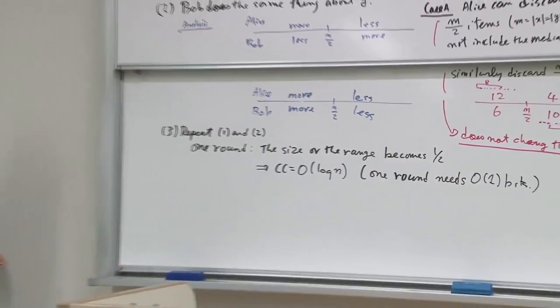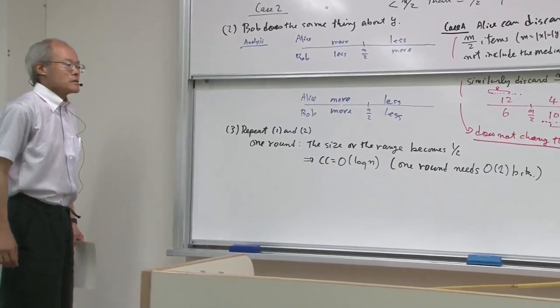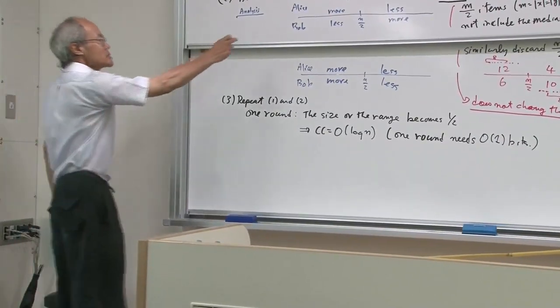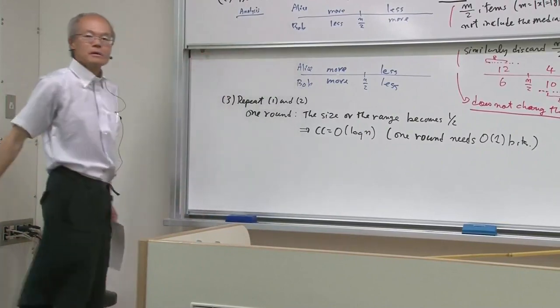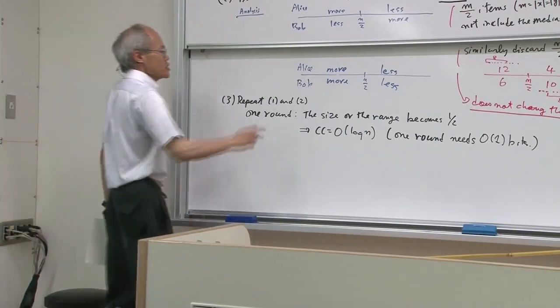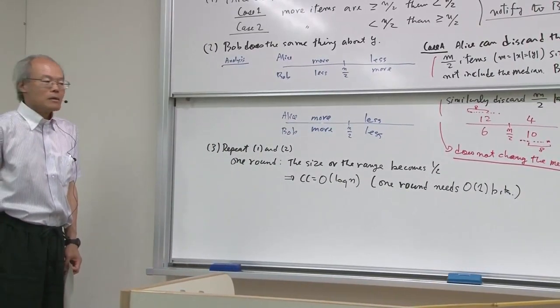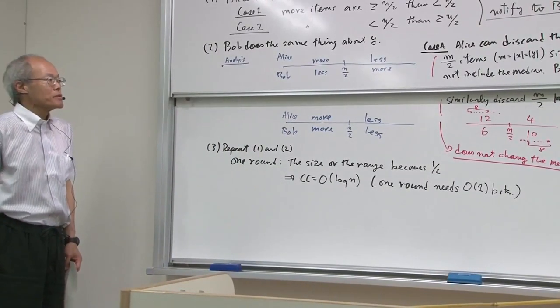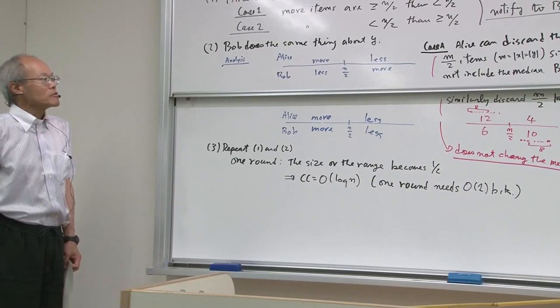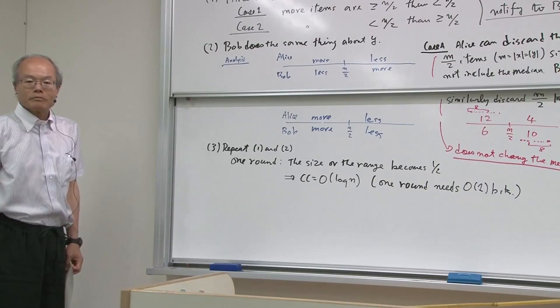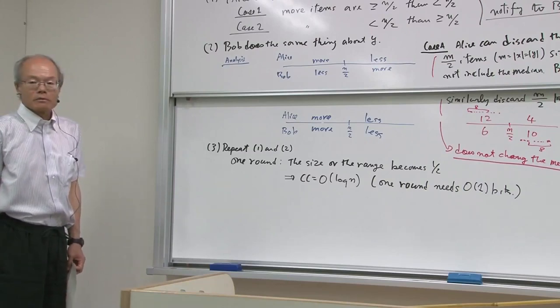Just repeat 1, 2. And by doing 1 round, the size, or the range, becomes 1/2. Okay? And we need just 1 bit, or 2 bits, I don't know. Maybe 2 bits for 1 round.